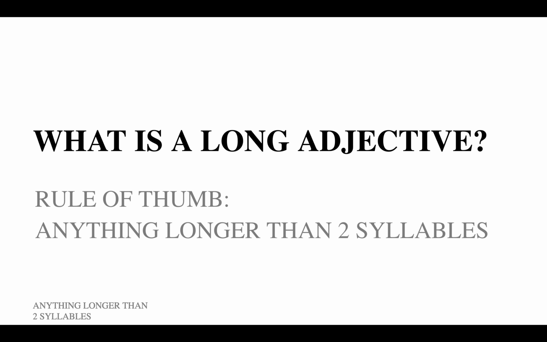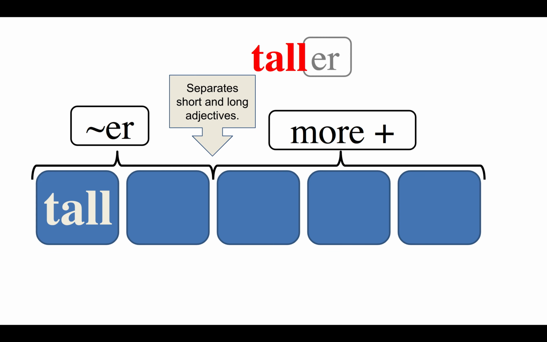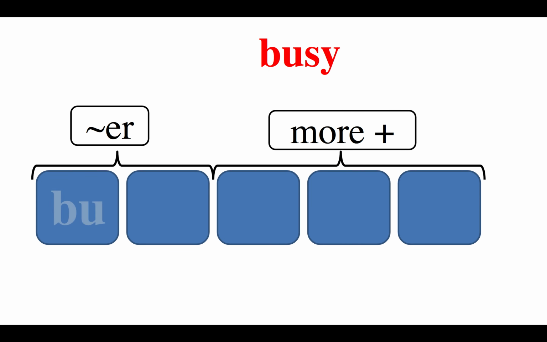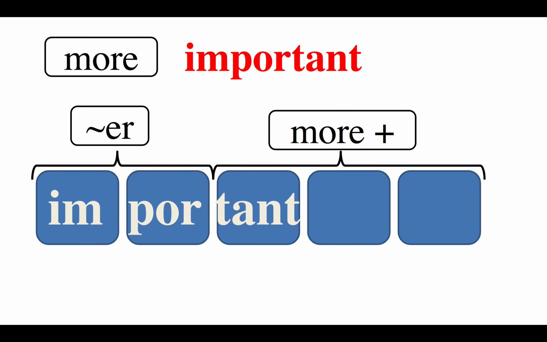So what is a long adjective? Well, the rule of thumb is anything longer than 2 syllables. For example, tall. It's 1 syllable long, so we say taller. Busy is 2 syllables long, so we say busier. Important is 3 syllables long, so we say more important.